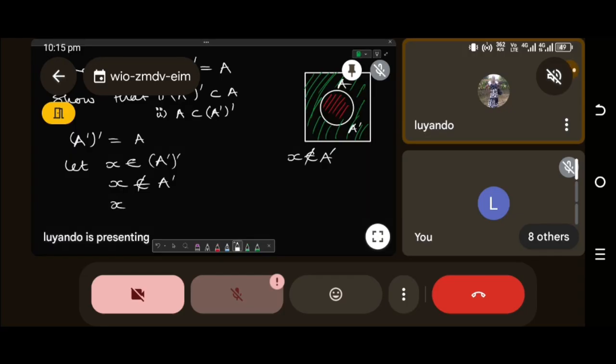So if X is not a member of A complement, that means that X is a member of A. Sorry, A, not A complement. Are we together on that point? Or I've lost someone? Okay, it seems I haven't lost anyone. Guys, if I've lost you, speak up so that we move together.